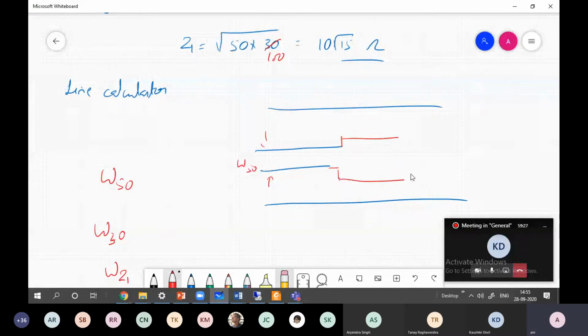So it will be these things, and it will be W100, so it will be a thinner line. And okay, this will also change.